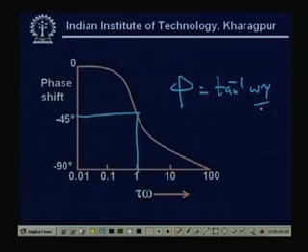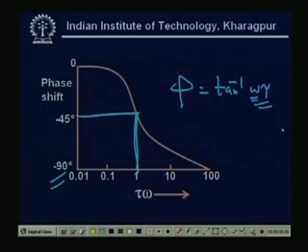So if omega tau equals 1, the phase shift will obviously be 45 degrees. At very low frequency there is zero phase shift. As omega gets higher and higher with tau constant, if it is infinite, I will get a 90 degree phase shift.